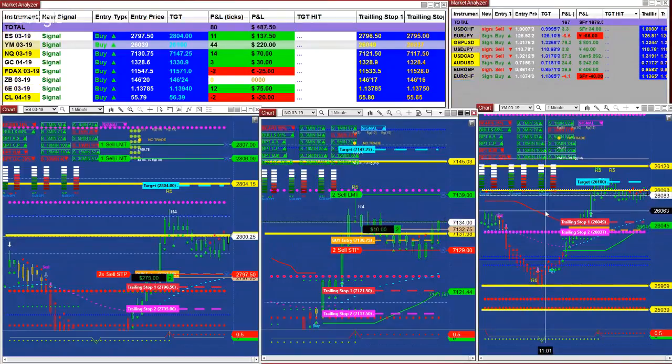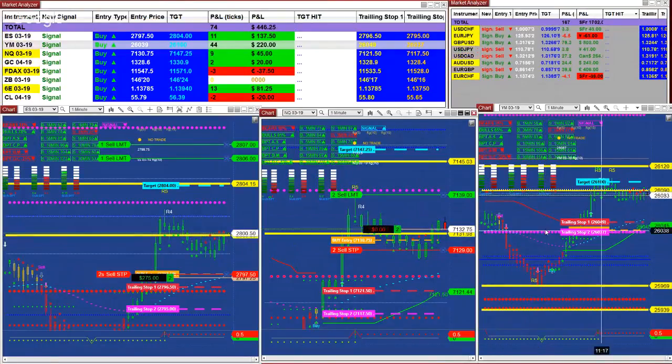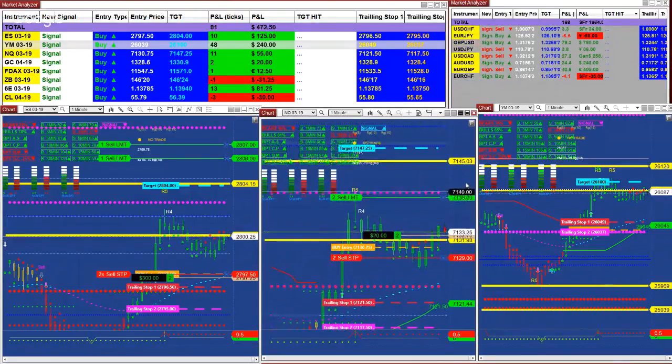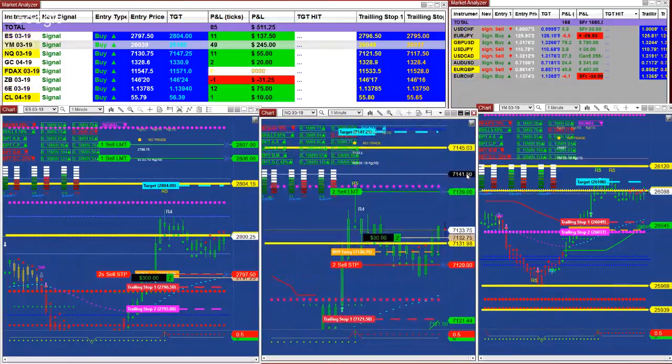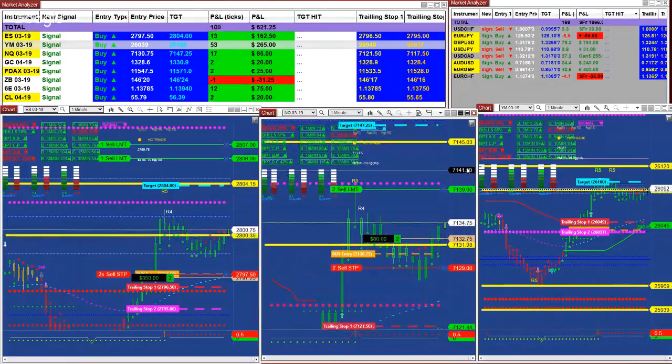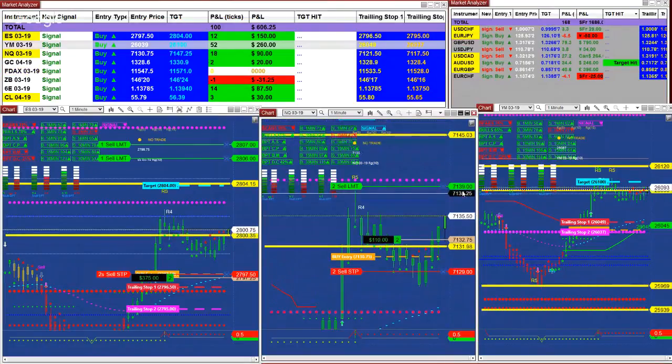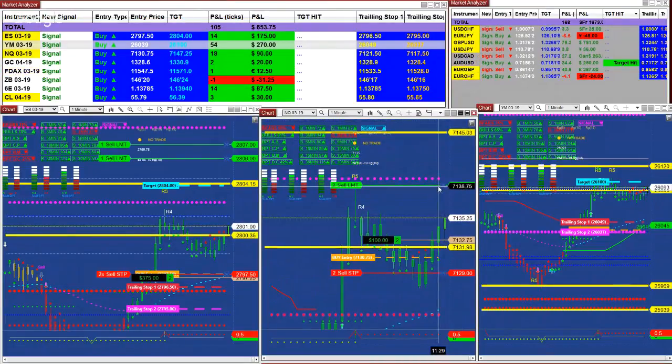Close position at 39 level. Break even. Okay, folks, for the ones who are conservative, your target is 38.75.